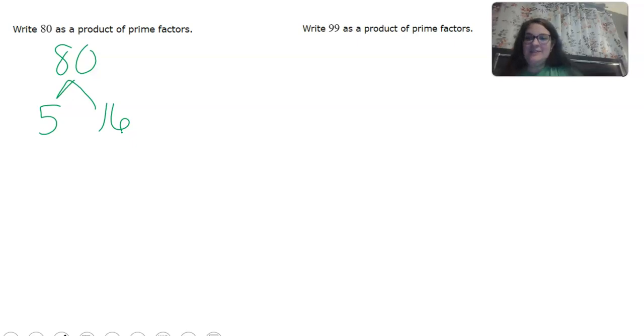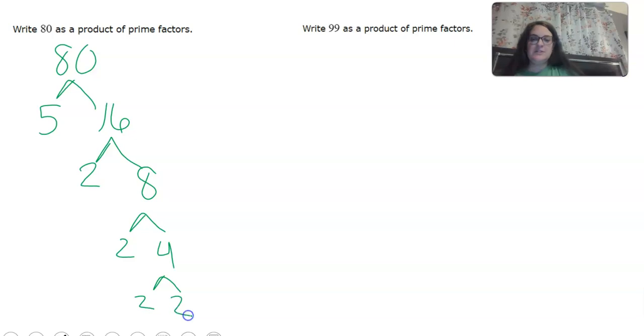And I know that 16 is an even number, so it can be broken up into 2 times 8 if I count by 2's. And 8 can be broken up into 2 times 4. And 4 can be broken up into 2 times 2.